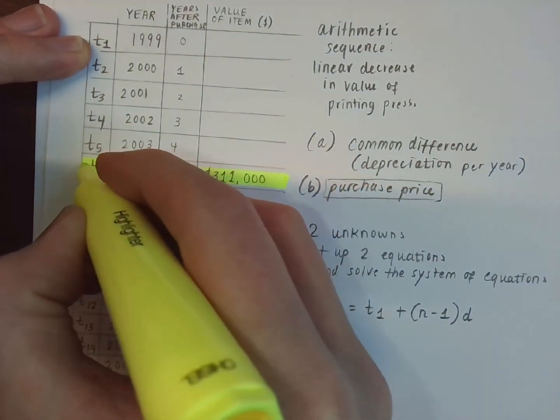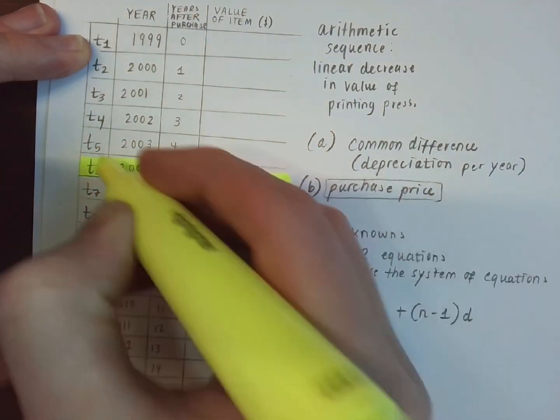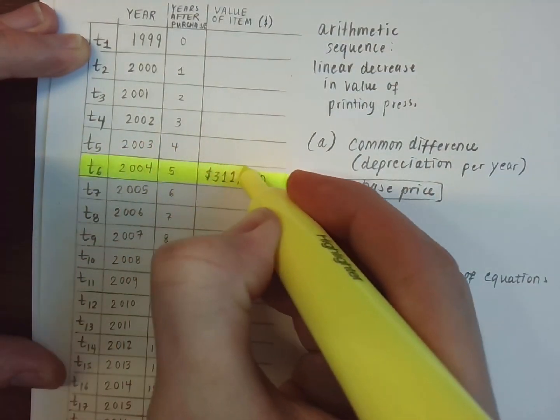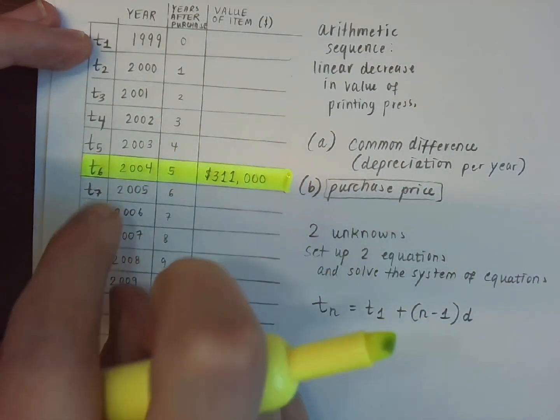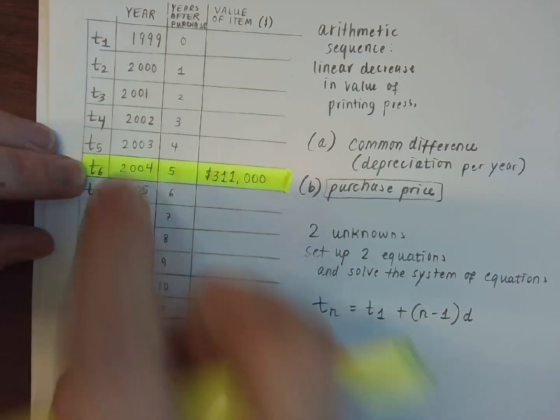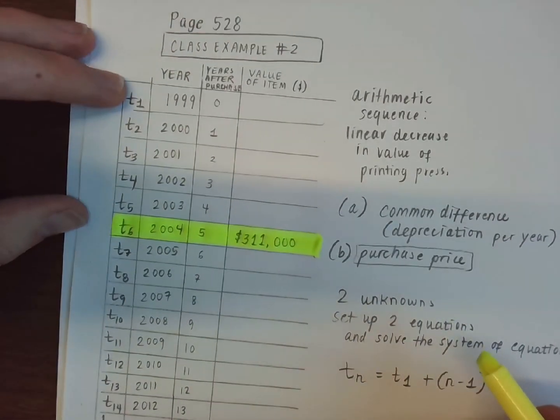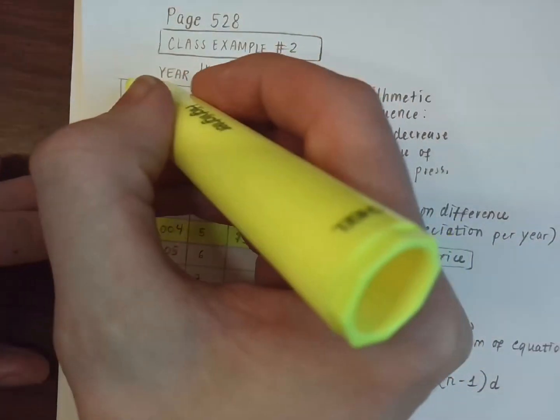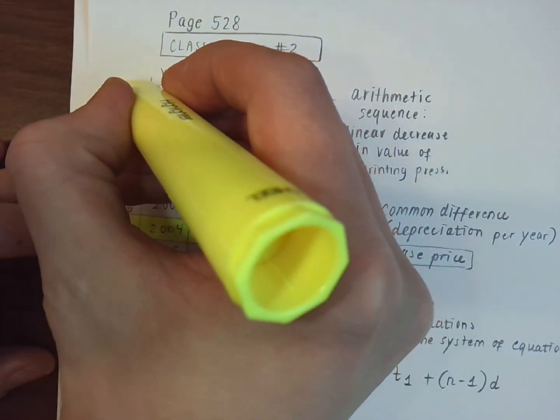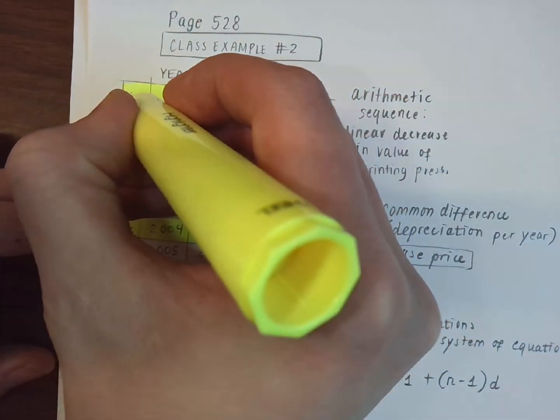These are my two pieces of information basically. The value was this in 2004, which is T6, just based on the way I'm setting up my sequence so that T1 is my 1999 starting point.